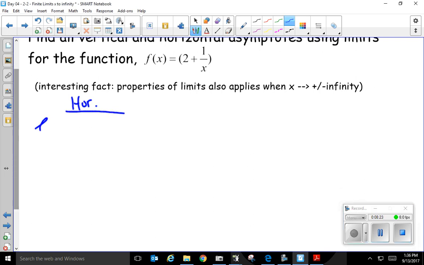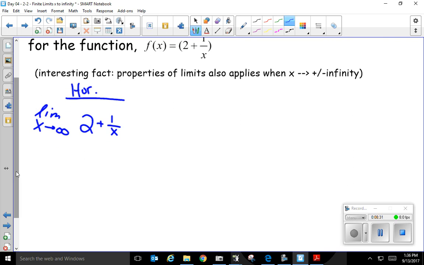So I'm going to say the limit as x approaches infinity of 2 plus 1 over x. Well, I'm just going to plug infinity in there. So that is 2 plus 1 over infinity. And what does 1 over infinity approach? That's like 2 plus 0. So what's my answer? 2. Let's check negative infinity.